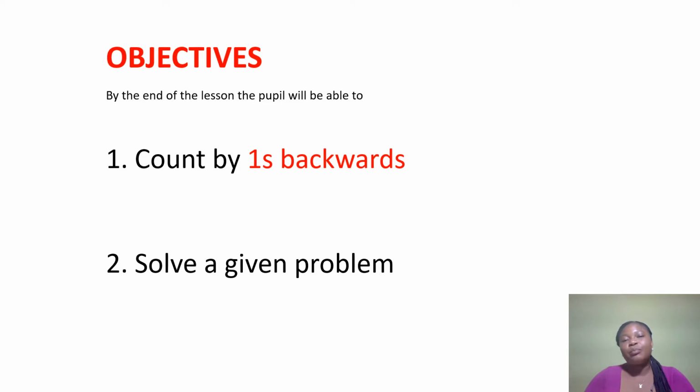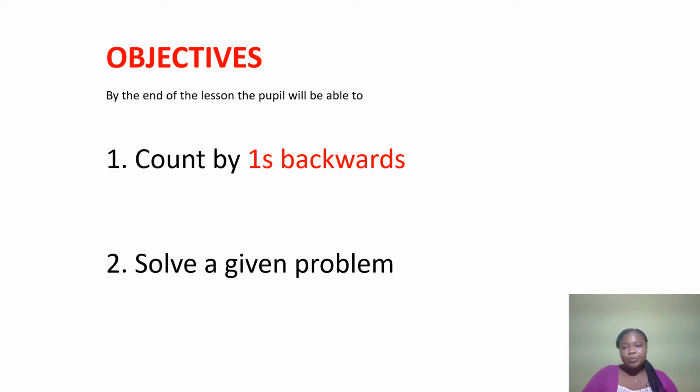And we gave an example. We gave numbers 1 to 4: 1, 2, 3, and 4. And then there was an arrow on top of each number. We said from 1, when we are moving forward, you add one.